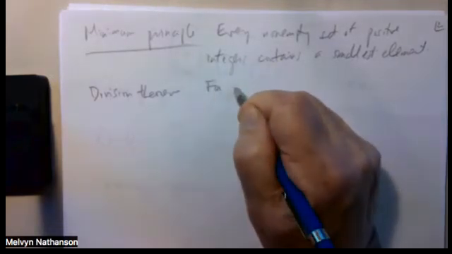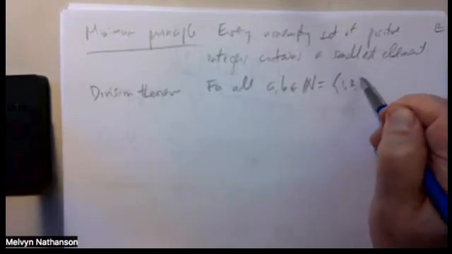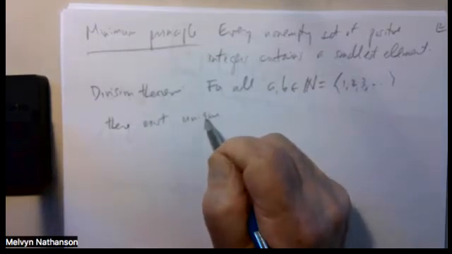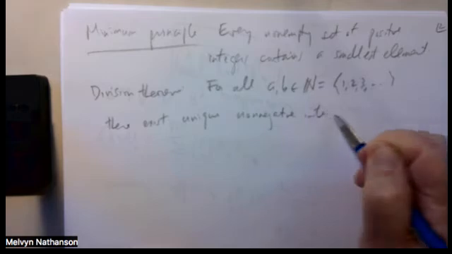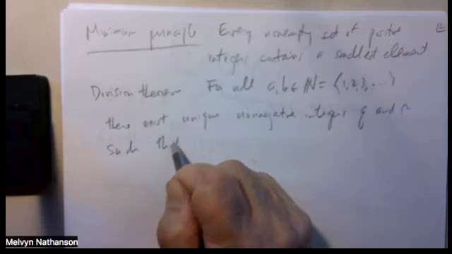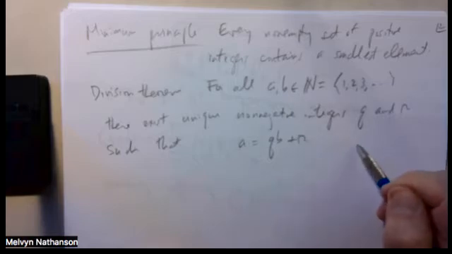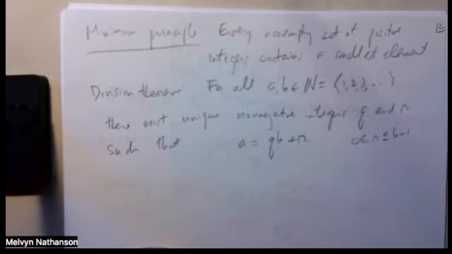So for all numbers a and b in N, remember N stands for the natural numbers, which means the positive integers, there exist unique non-negative integers q and r such that if you divide a by b, you get a quotient q and a remainder r, and the remainder is an integer between 0 and b minus 1.